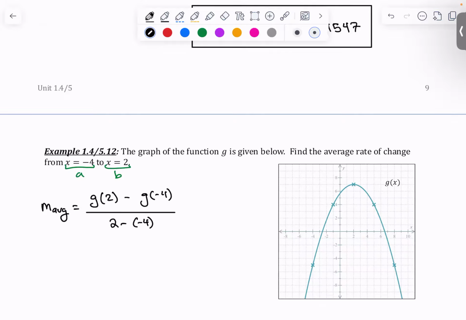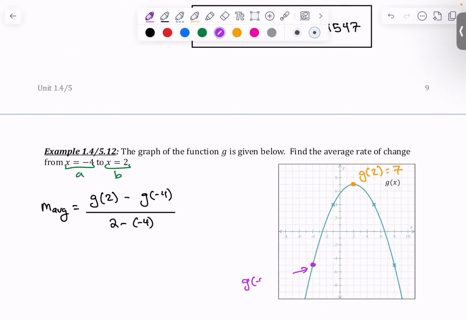Now that we've written something down, we can figure out more about it. G of 2, that's the function value, that's the y value associated to x equals 2. So g of 2 is equal to 7. And g of -4 equals negative, I just covered it up, I can't read.